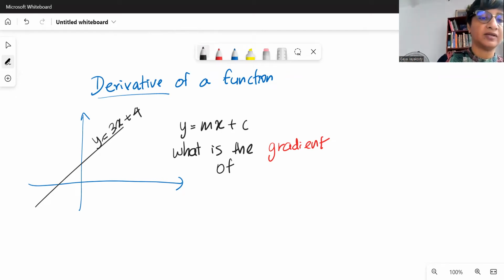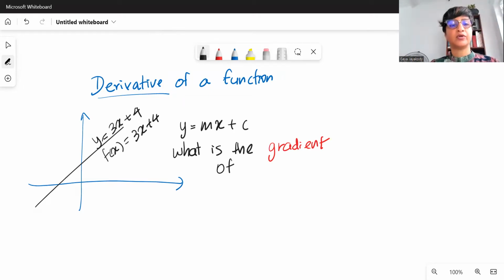Instead of y, I can say f of x. f of x equals 3x plus 4. I will be using both notations, and you need to know both notations for a function. When you write it, you can write it as y equals 3x plus 4 or f of x equals 3x plus 4. Two notations for the same function.